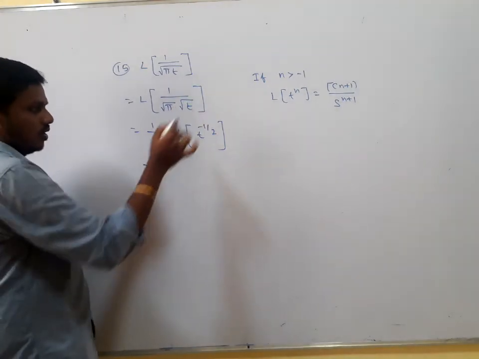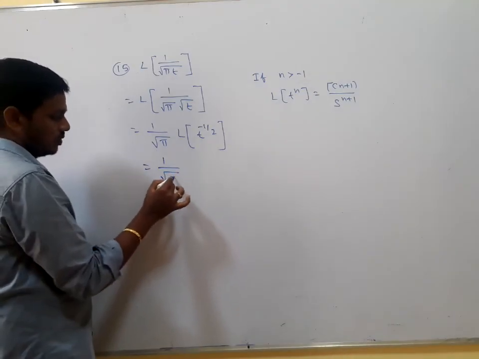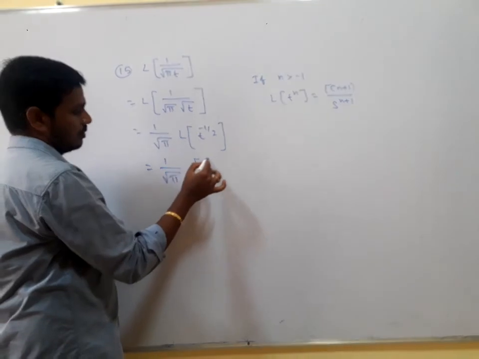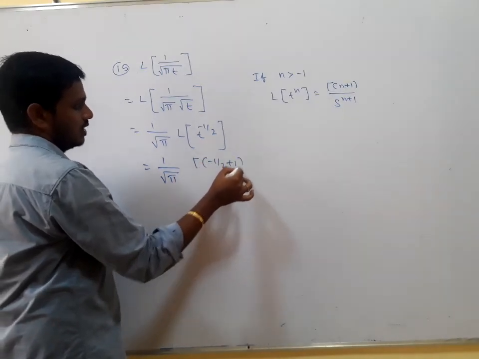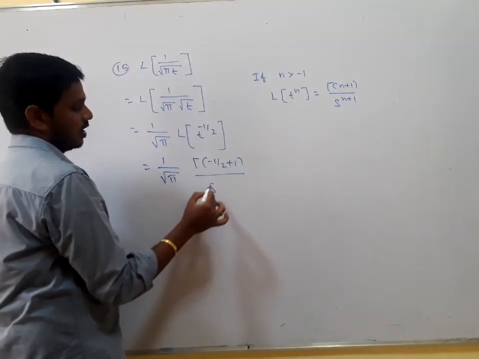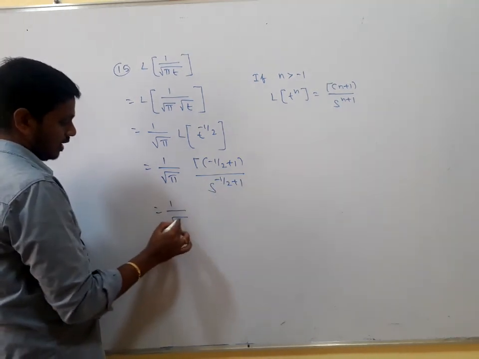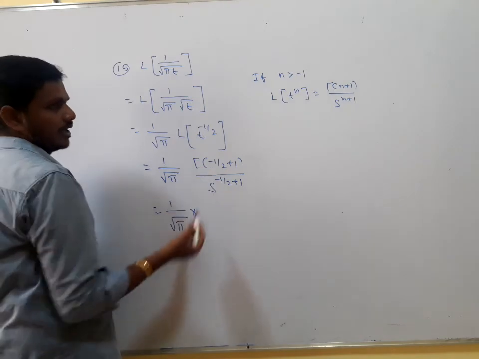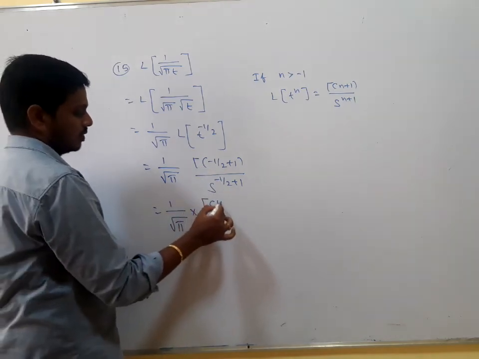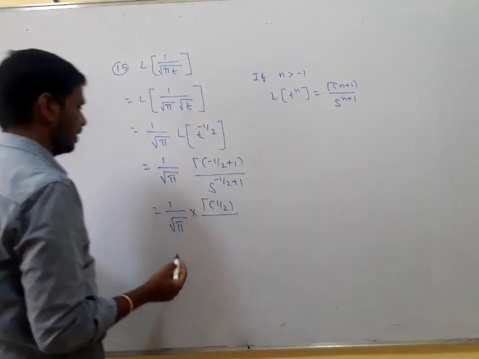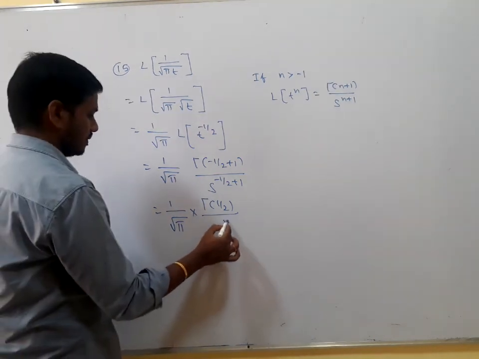In this case I am going to apply that formula: 1 by root pi into gamma of minus 1 by 2 plus 1 divided by s to the power of minus 1 by 2 plus 1. Here it is gamma of 1 by 2 divided by s to the power of 1 by 2.